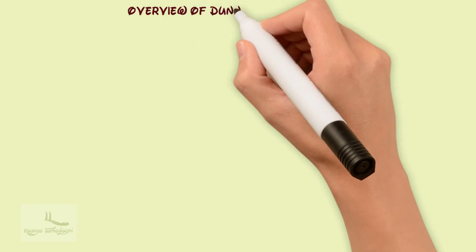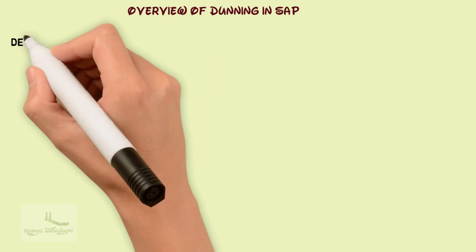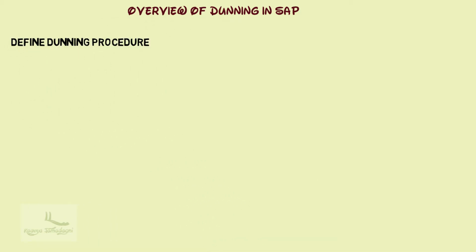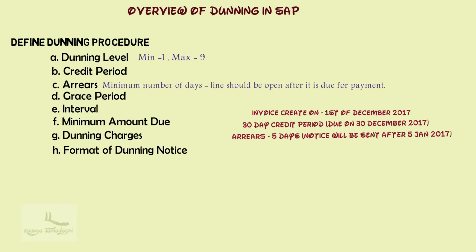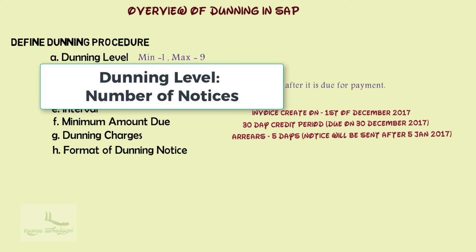Now, before going directly into SAP, let me provide you with an overview of the steps which we will be performing during the creation of the dunning procedure. In defining the dunning procedure, there are a few things to be understood. First is the dunning level. It means the number of notices that we want to send.